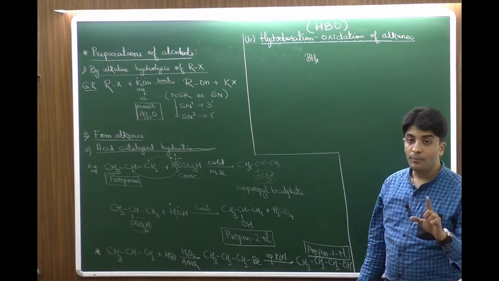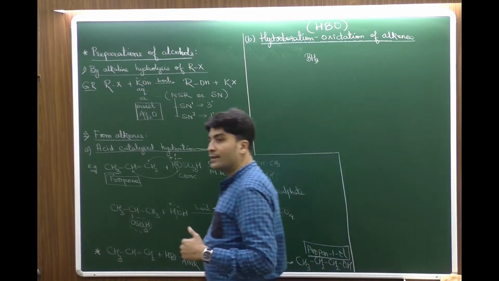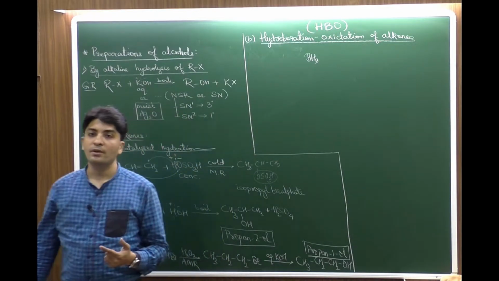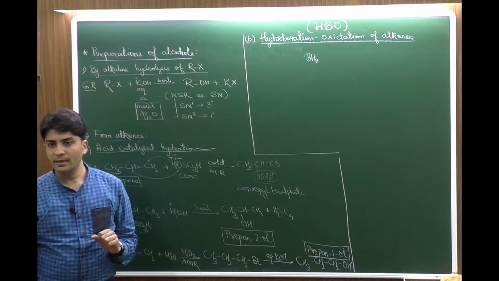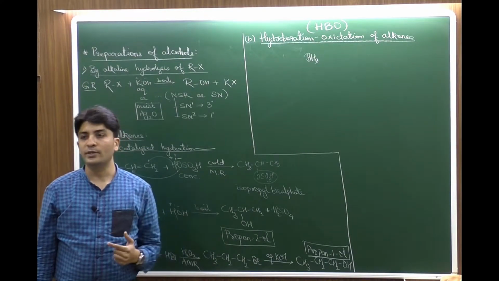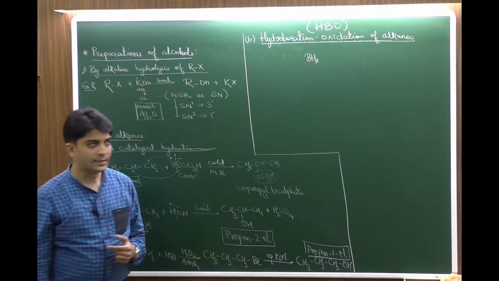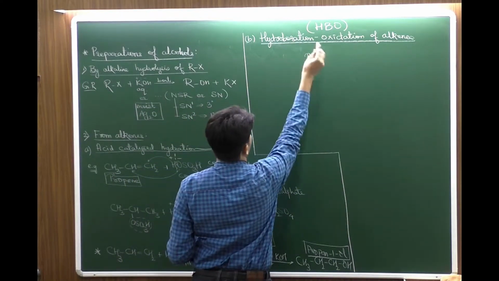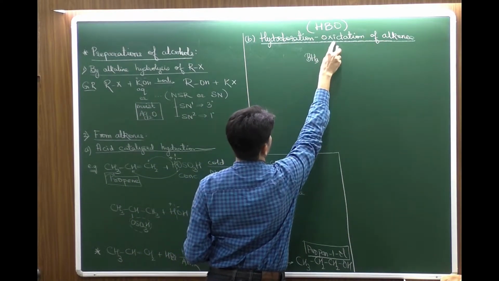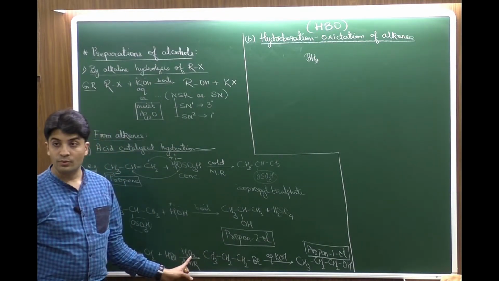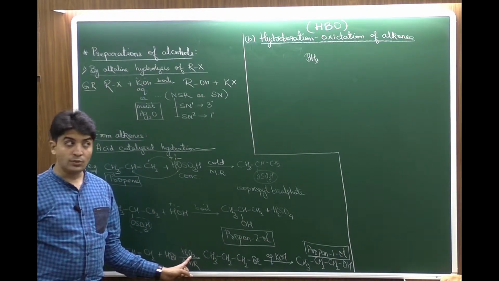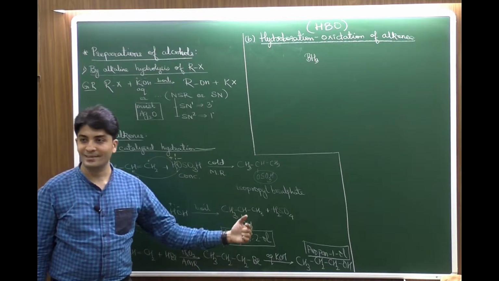But as you know, BH3 is unstable and it exists as a dimer B2H6. So whatever reaction we will have, we'll just multiply by 2 to get effectively the B2H6 reaction. Now, the hydroboration would be followed by oxidation, and the oxidation here is done by using H2O2. So we have the peroxide used indirectly in the reaction.